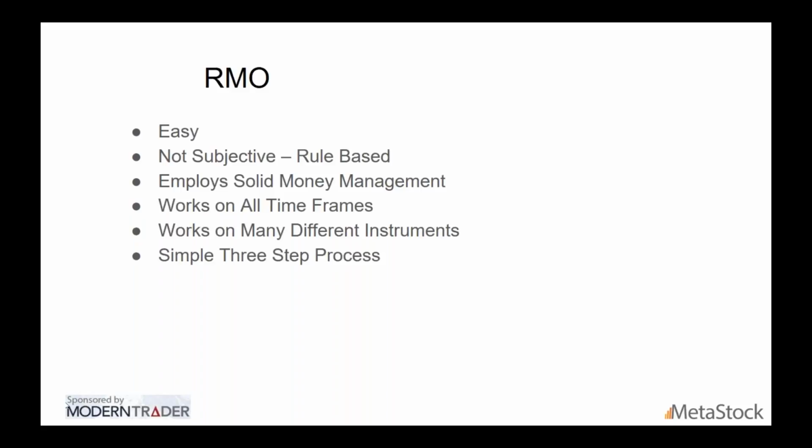The reason I like to show it today, aside from the fact that it's the first method I used to start trading with many, many years ago, is that it's very easy. It's 100% objective. It employs solid money management. It works on pretty much anything you're interested in.